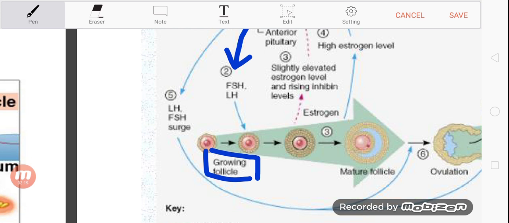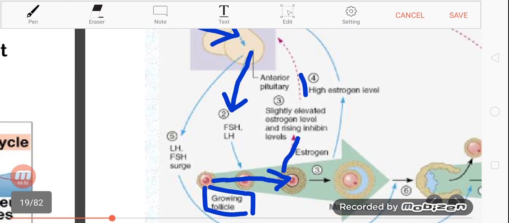From primordial into primary, secondary, tertiary, and then the most mature follicles. As these follicles grow, the granulosa cells, the surrounding follicle cells, increase in number and multiply. As these granulosa cells increase in number, estrogen secretion is elevated. So granulosa cells secrete estrogens.